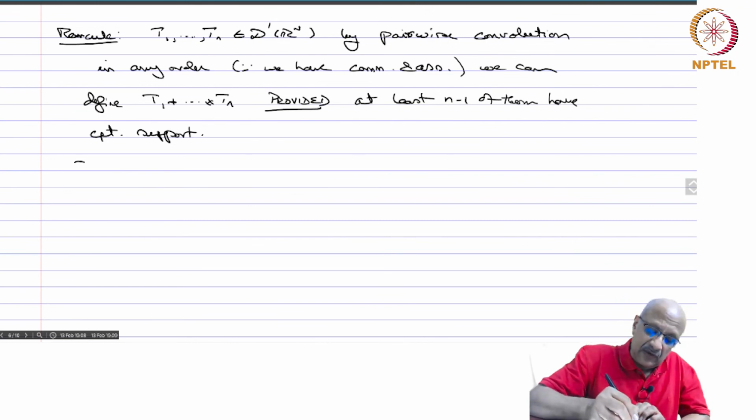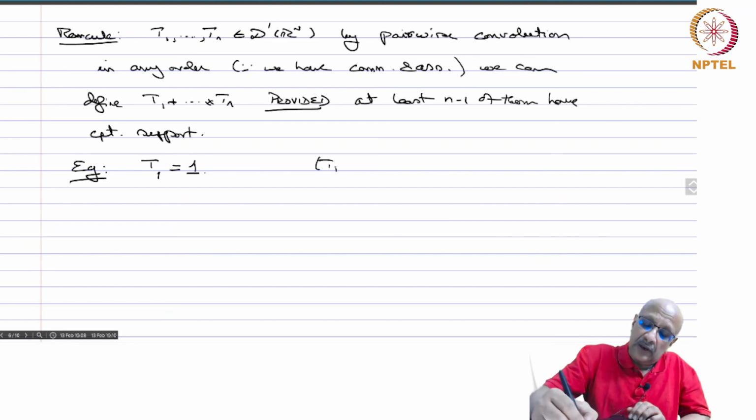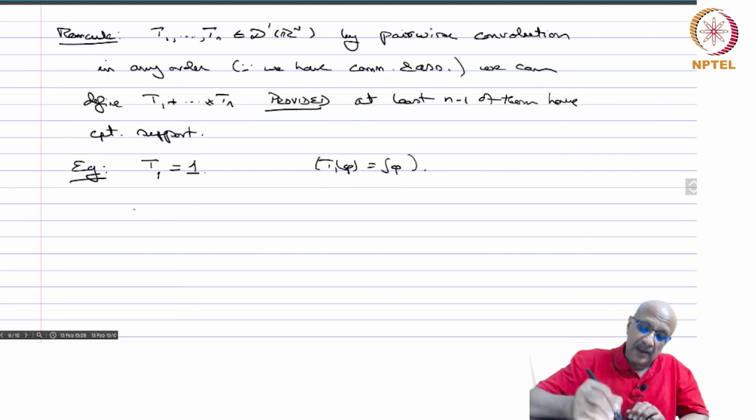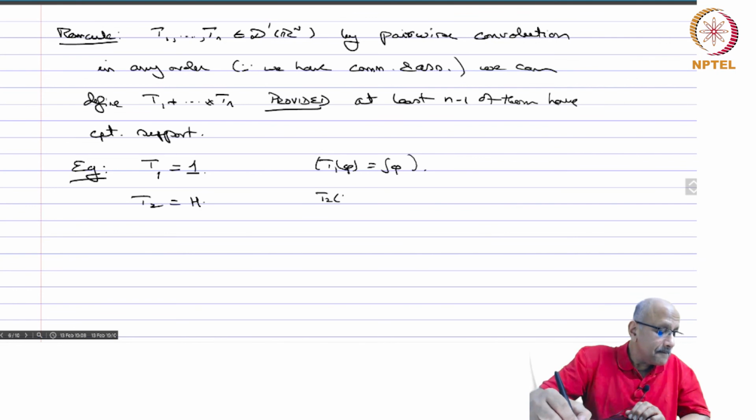So, let us give an example. Let us take 3 distributions. T1 is the constant distribution, that means T1 phi equals integral phi. Then T2 is the derivative of the Dirac.